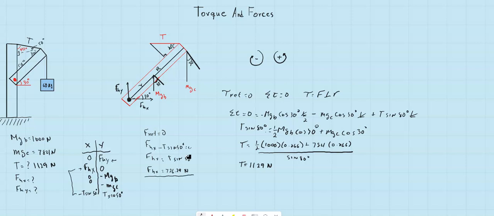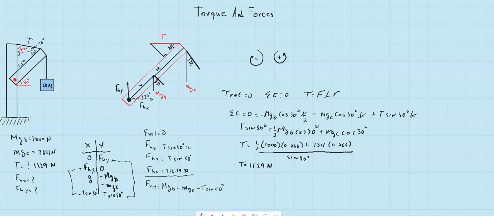And now we're going to find our FH of y, and it's all of this right here. If we change everything to the side, it's going to be mg of the beam plus mg of the case, minus T sine of 50 degrees.